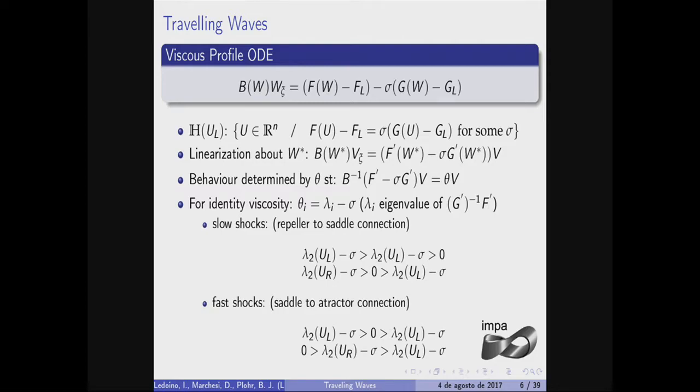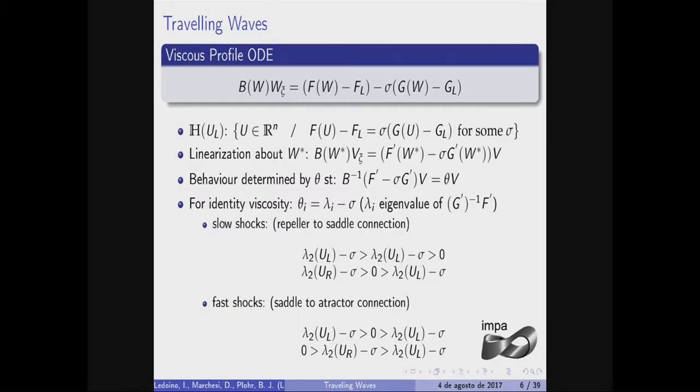We make a linearization about some equilibrium W star, and we see that we just have to study the eigenvalues of this matrix, for when B is the identity, so its inverse is the identity too. Then the eigenvalues are actually the characteristic speed minus the shock speed. Those are very well-known admissibility conditions for slow shocks and fast shocks.